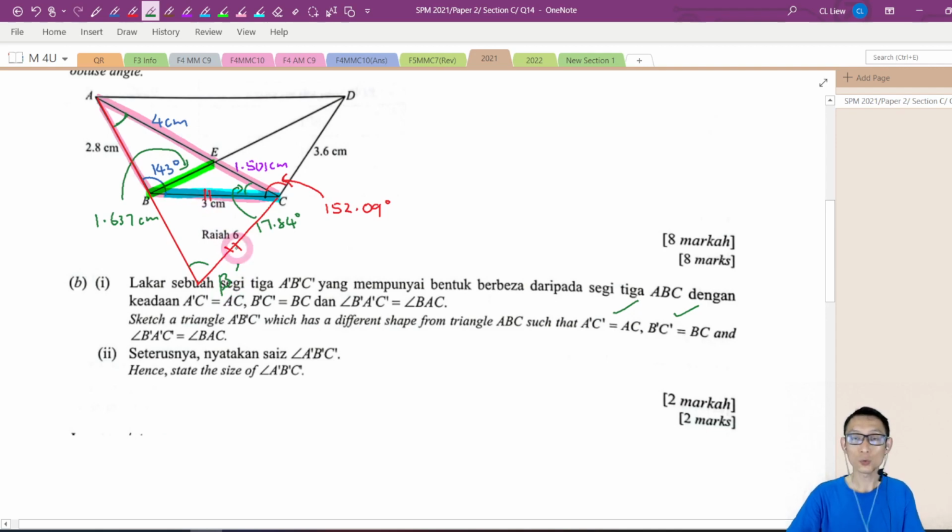Since these two have the same length, the angle here and the angle here are actually the same, right? So angle A prime, B prime, C prime is equal to 180 minus 143. Okay, the answer is 37 degrees.